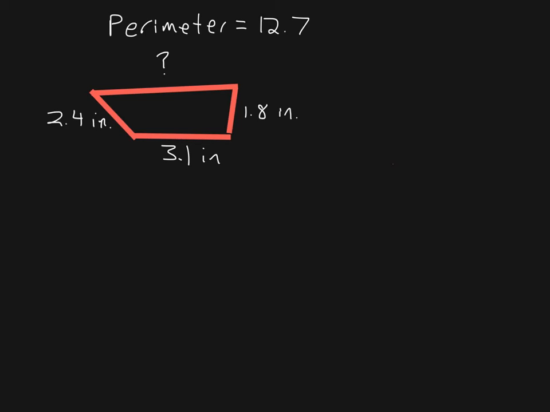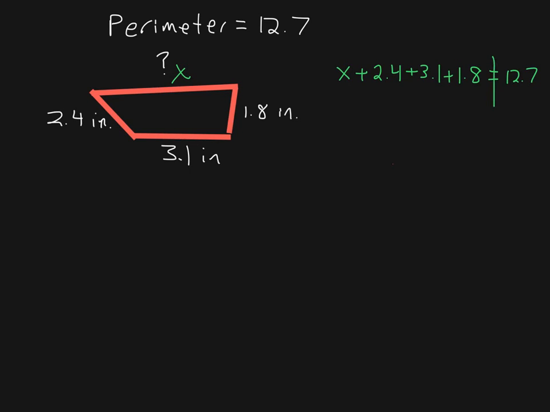So we can set up an equation that looks something like this. Now, I don't know what that question mark is, so I'm going to use a variable to represent it. We can use x to represent this missing side here. Now, x plus the other 3 sides, plus 2.4, plus 3.1, plus 1.8 gives us the perimeter, 12.7.